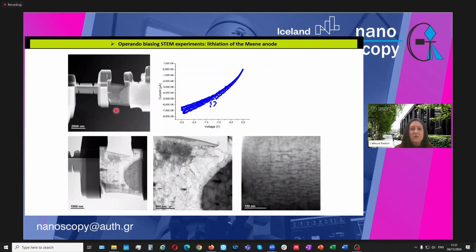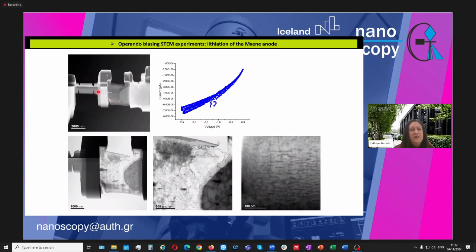We applied voltage to our battery, doing lithiation and delithiation processes, applying different voltages. Here you can see a first example by going up to 2.5 volts. It was important that during many cycles, the battery was very stable.